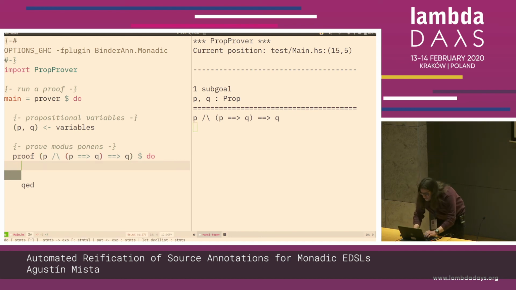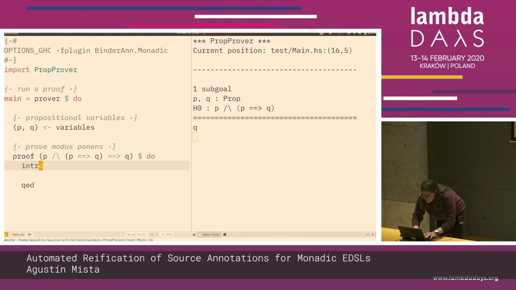All right? So from here, I have a hypothesis that is P and P implies Q, and I can destruct it into two hypotheses, one for P and one for P implies Q, by destructing this hypothesis. And now from here I have two hypotheses.